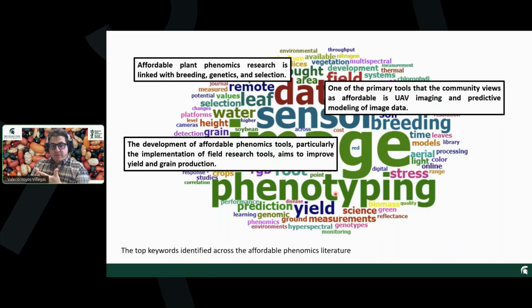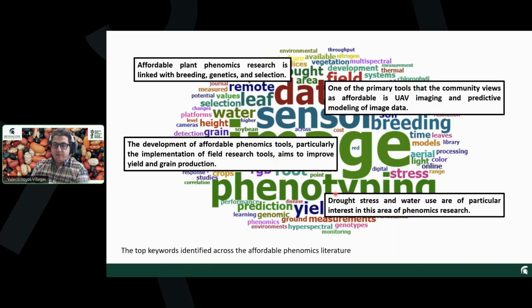The development of affordable phenomics tools, particularly field-based tools, is directed at improving yield and better quality grain production in the field. Most of these tools are oriented towards translating applicability in the field. And one of the areas of particular research is yield under drought or water use efficiency.